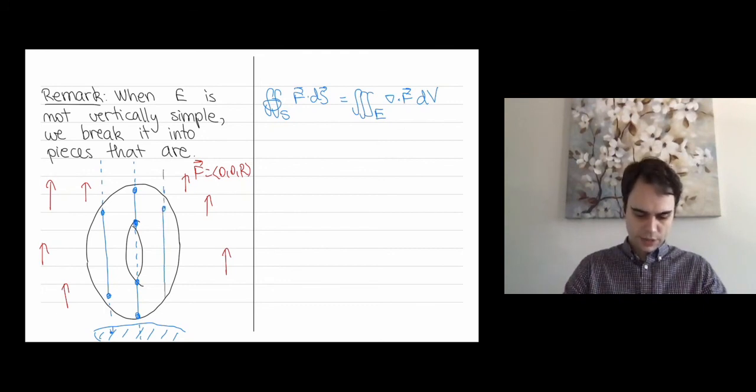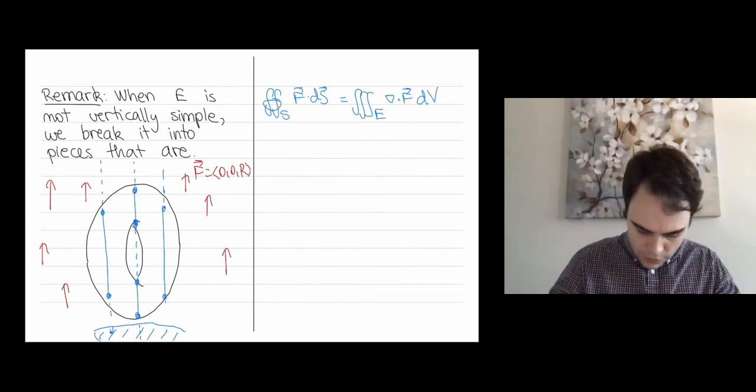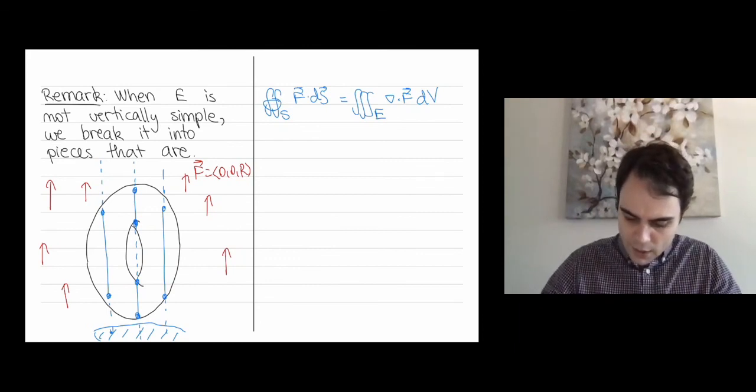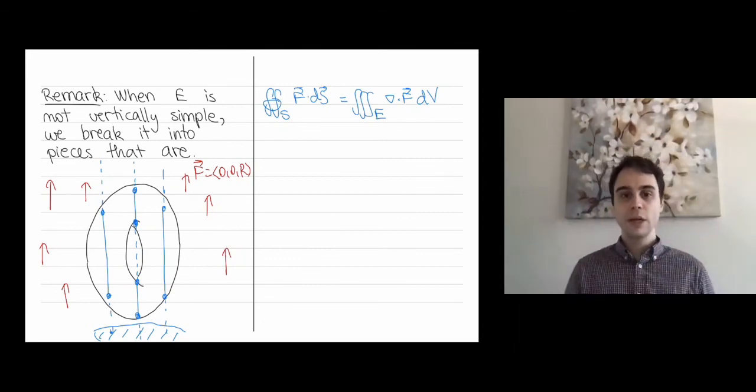And then I'm back to satisfying the vertical line test again. So here's how we can fix this. If I have a complicated region that's not vertically simple, that fails the vertical line test, I can break it into regions which are vertically simple.